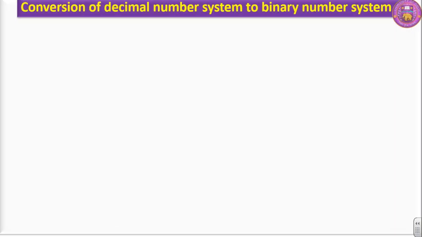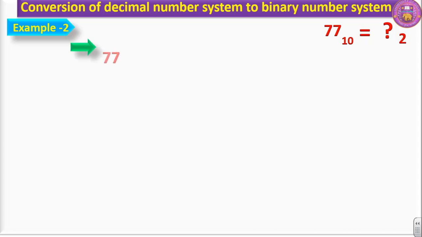Conversion of decimal number system to binary number system. Example 2. 77 base is 10 and we want to convert it into base of 2, that is binary. 77 divided by 2, that is equivalent to 38.